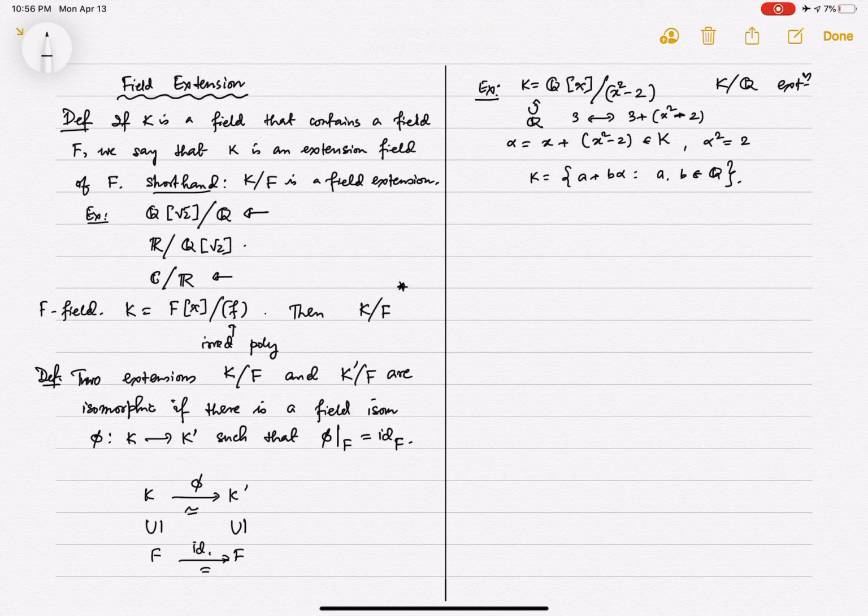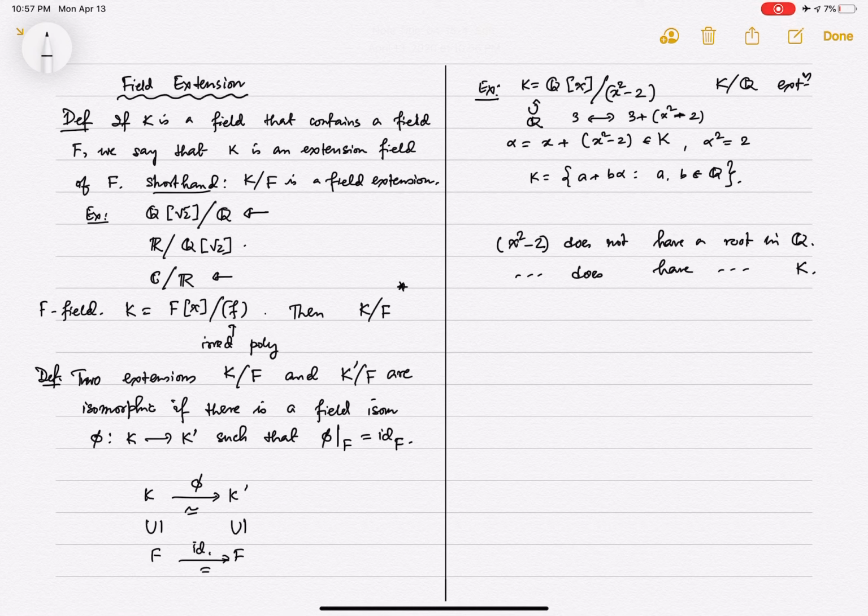So the study of extension fields really stems from trying to solve polynomial equations. And when you find that some equation does not have a root in Q, we built this field K, but it does have a root in this extension field.